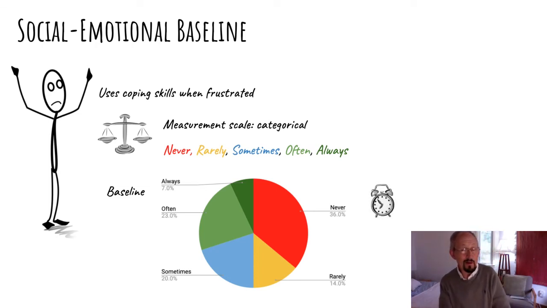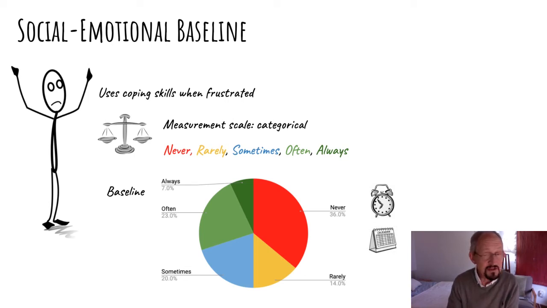So we might think, well, did we link our assessment of this baseline information to time of day, right? Because one can imagine that kids might get more or less frustrated during certain times of day. And so what's the relationship between our categorical scale assessment and time of day? What about days of the week?